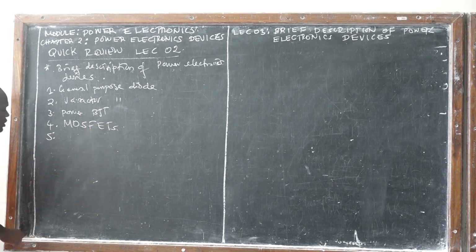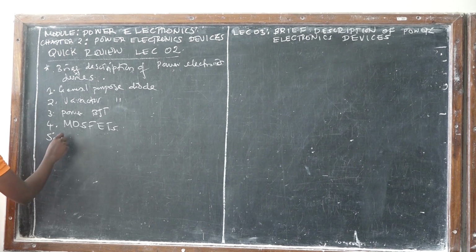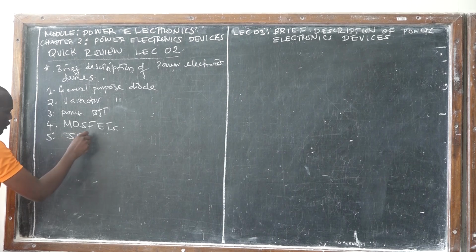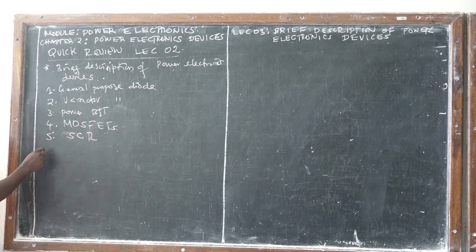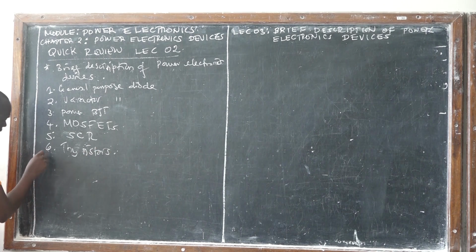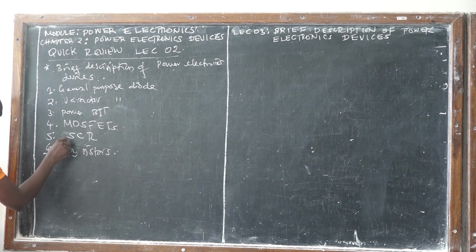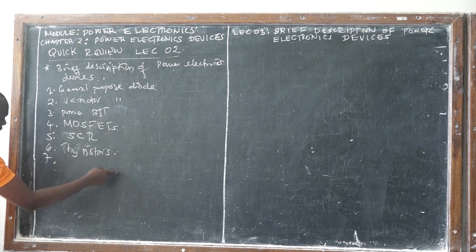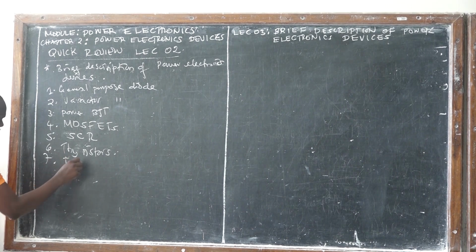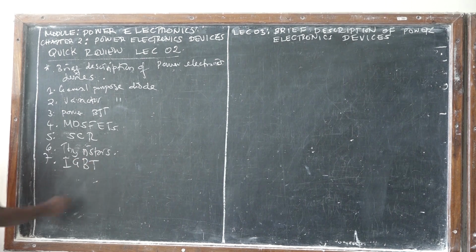Then the fifth one, silicon controlled rectifiers. Then number 6, thyristors. Then number 7, insulated gate bipolar transistor.